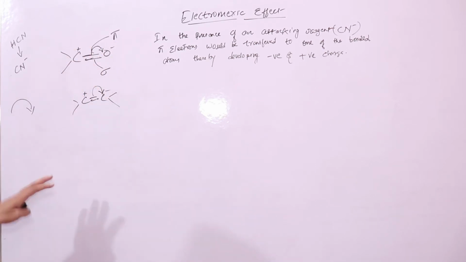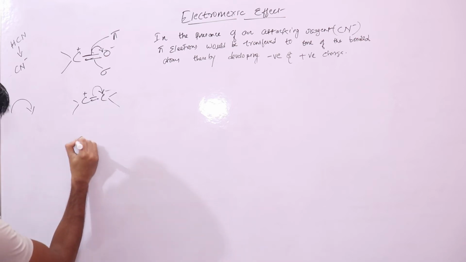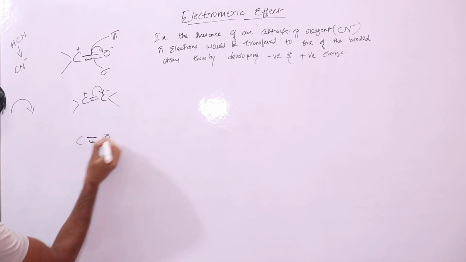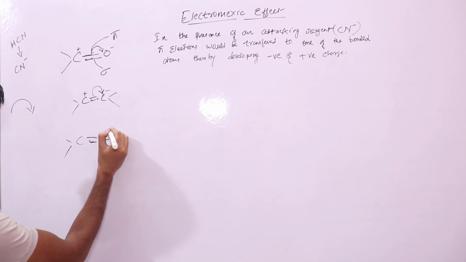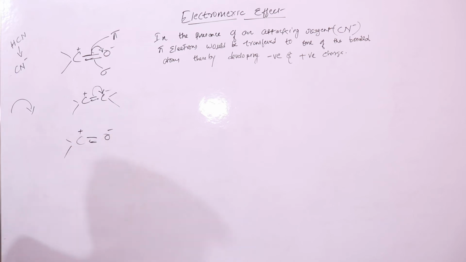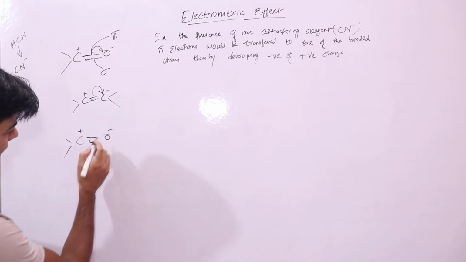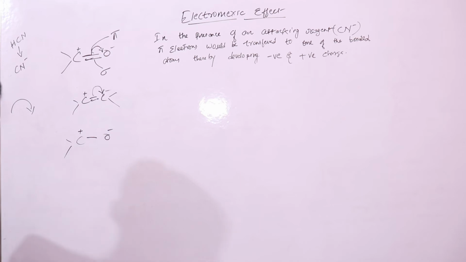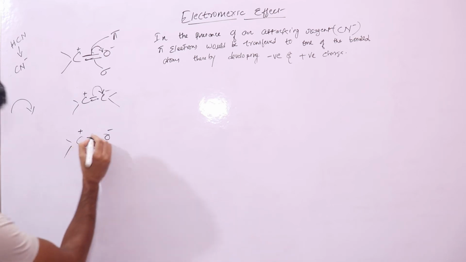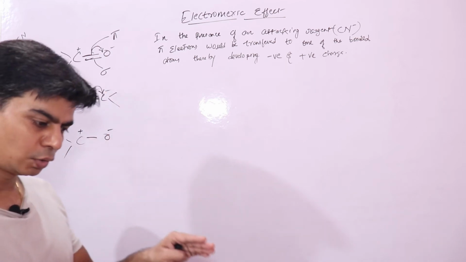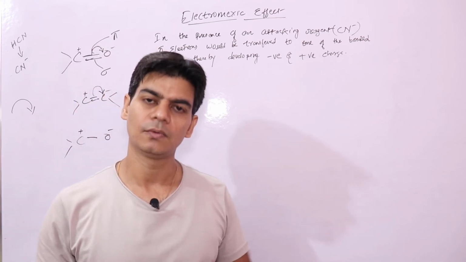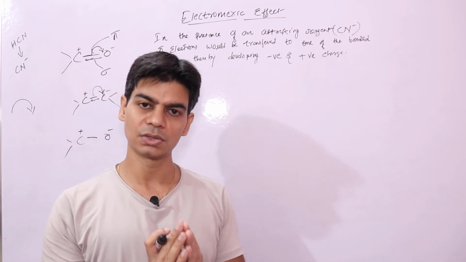Now, the other thing to understand is that since the molecule now has negative and positive charges, the attacking reagent may get attached. Now there is no more pi bond, because the pi electrons are transferred to one of the bonded atoms. So there is no more a pi bond.